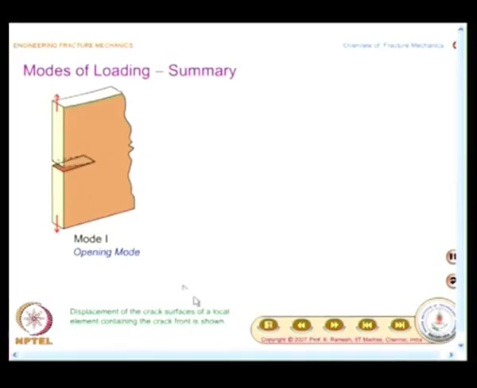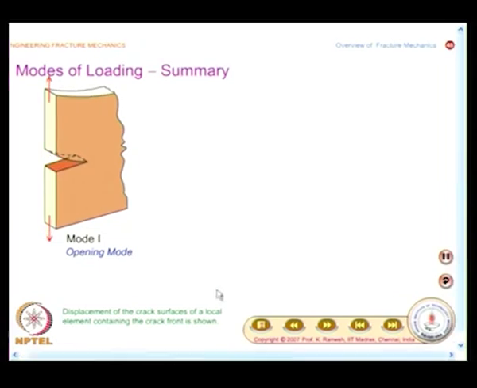In fact, one of your assignments gives a series of common design scenarios where you have a structure with known type of loading with cracks located in various fashion. You have to find out, because of the external loading, whether the crack experiences a mode 1, mode 2 or mode 3 loading from fracture mechanics point of view. It is not trivial, you will have to have some kind of training.